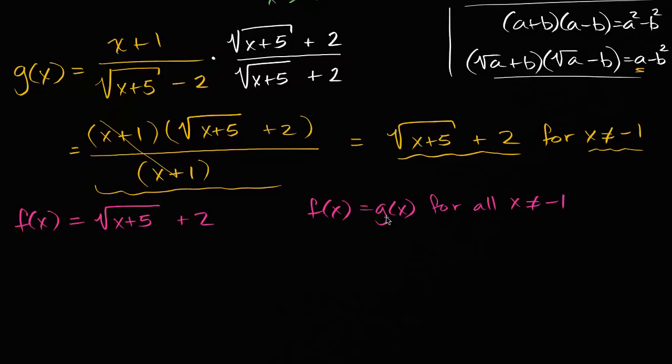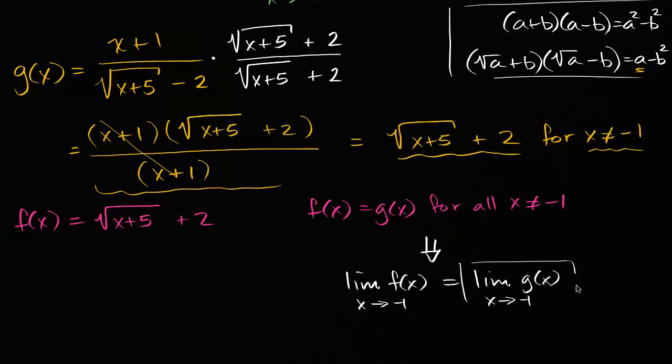And we know if this is true of two functions, then, let me write this down, since we know this, we know that the limit of f of x as x approaches negative 1 is going to be equal to the limit of g of x as x approaches negative 1.